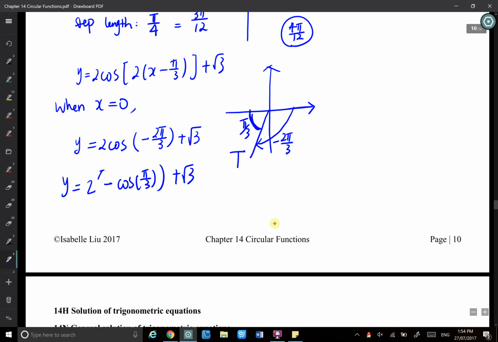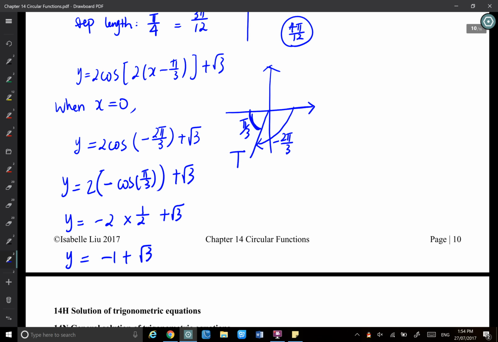Okay, question. What's cosine pi over 3? Don't go back. Just think. Half. Okay, cosine pi on 3 is half. That's minus 1 plus root 3.